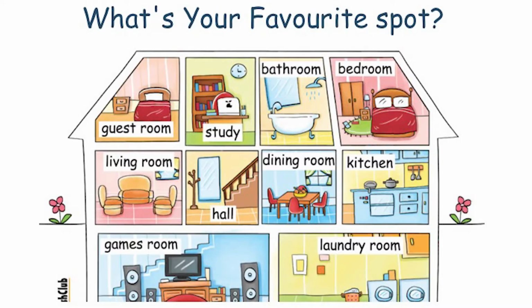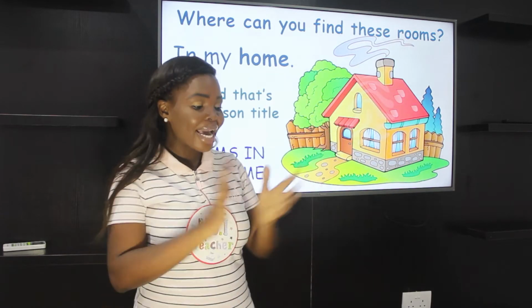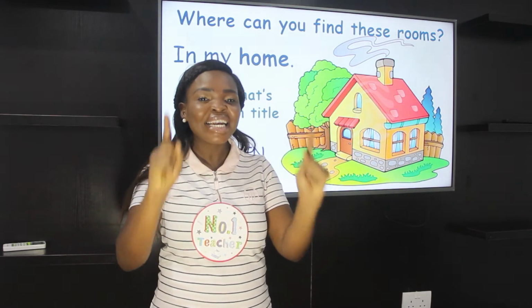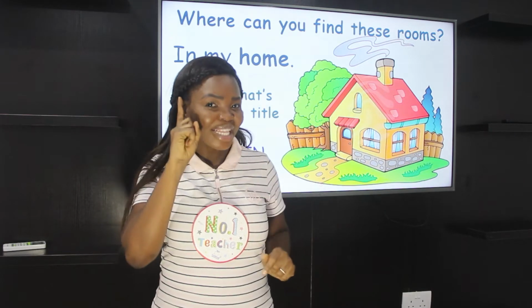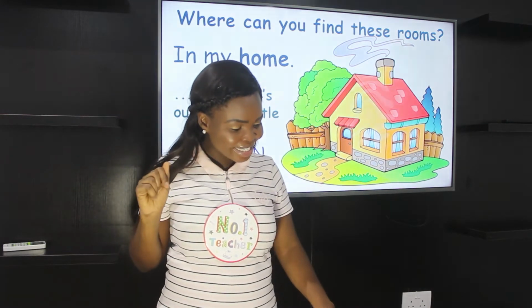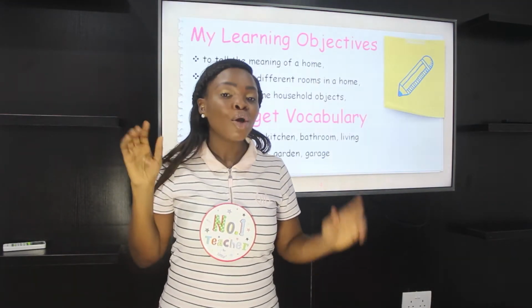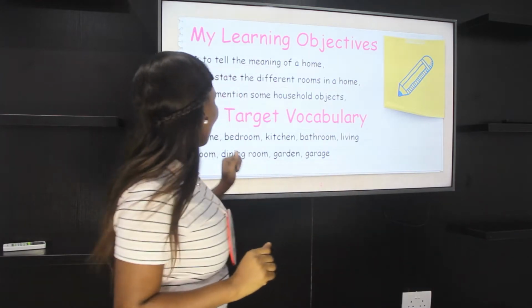So see, we have the guest room, the study, the bathroom, the bedroom, living room, dining room, and so much more. All of these rooms that we've seen can be found in the home. And that again is our lesson title for today, Rooms in the Home.